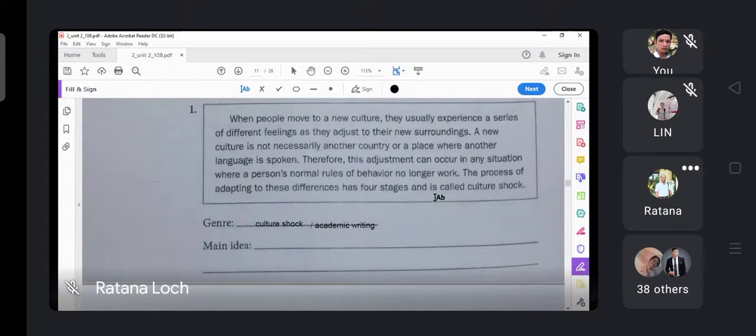I don't understand. Can anyone explain a little bit what culture shock means? Okay, so for this week, I will give you a short homework assignment, writing about culture shock. I think that everyone might have experience with culture shock.